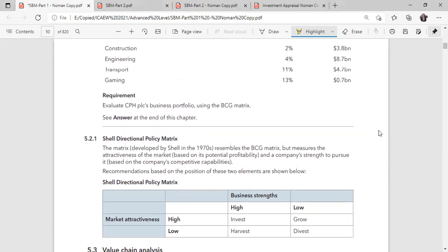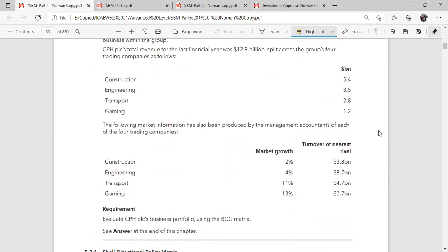If you look at the requirement, we have to evaluate CPH PLC's business portfolio using the BCG matrix.